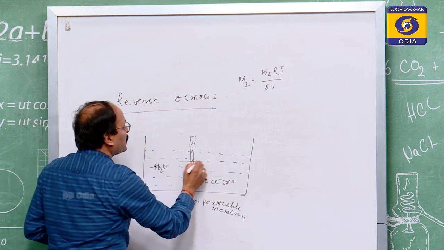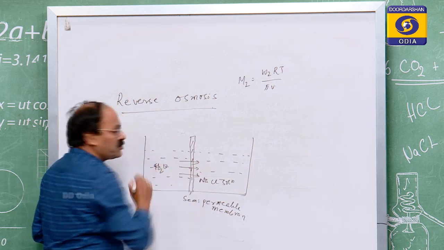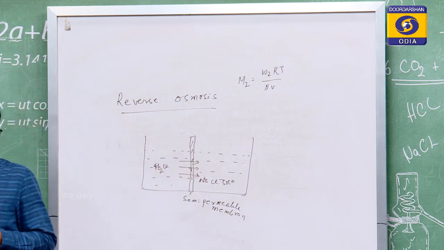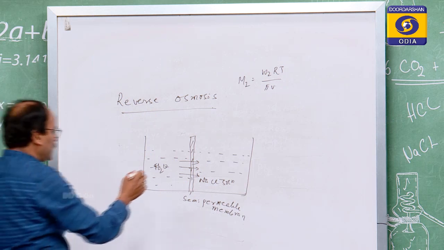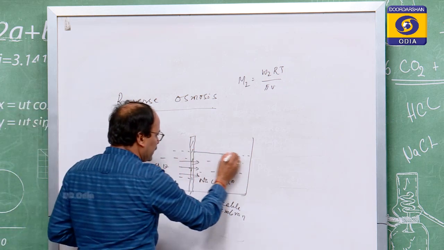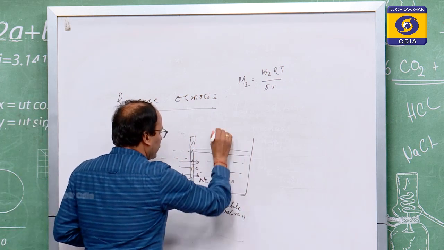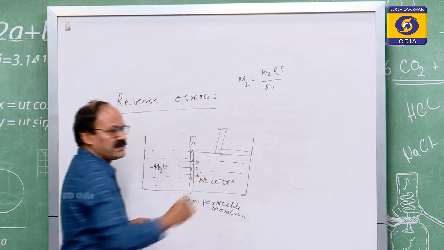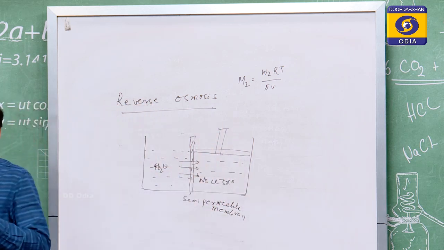The water will go to this side, which you have called osmotic pressure. So, if you exert pressure on this side, then the flow will stop, the water will not go into the sodium chloride side.